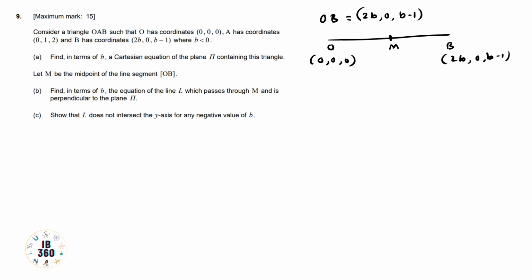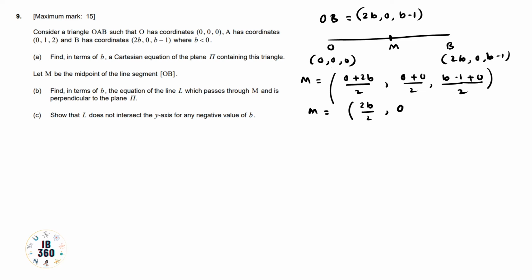Now we are trying to find the coordinate of M. So coordinate of M is (0 plus 2b) divided by 2 comma (0 plus 0) divided by 2 comma (b minus 1 plus 0) divided by 2. So ultimately the coordinate of M is 2b by 2 comma 0 comma (b minus 1) divided by 2.